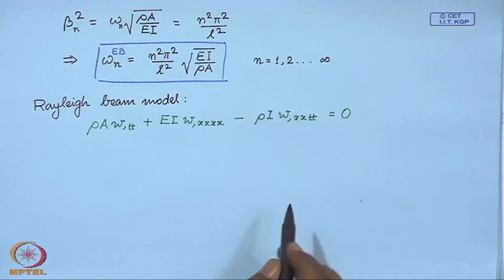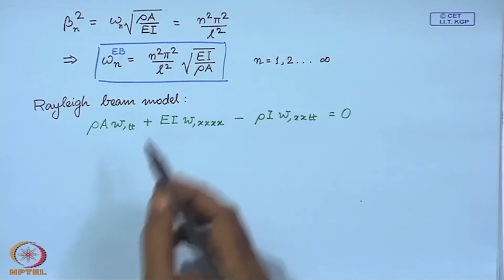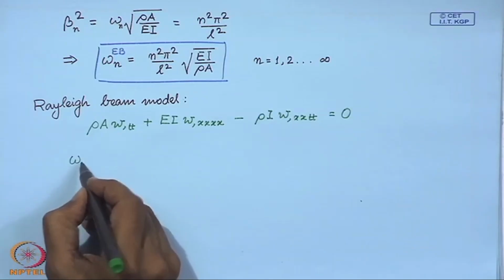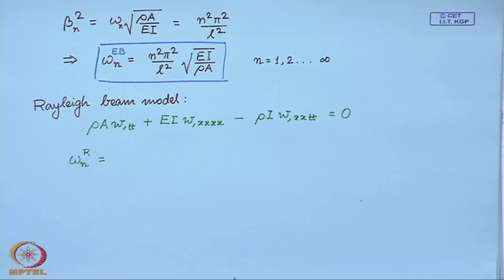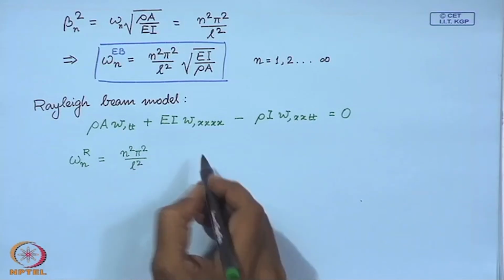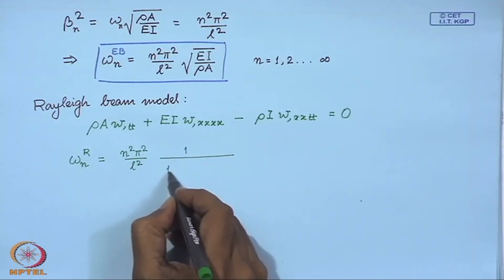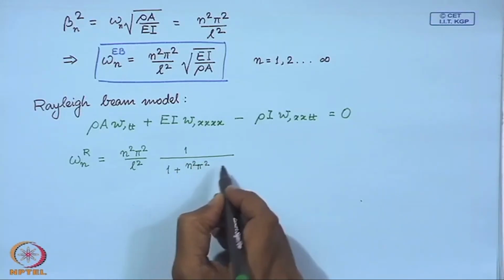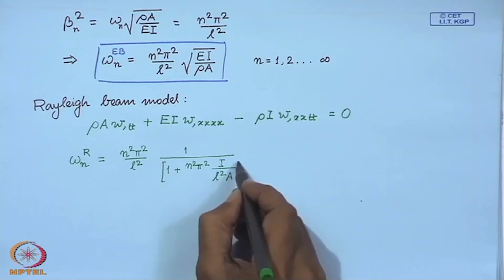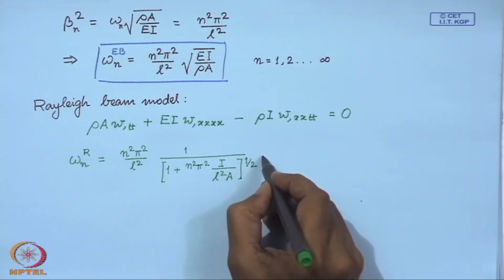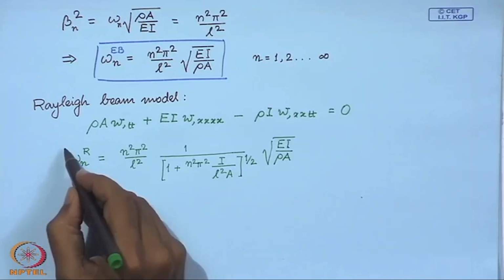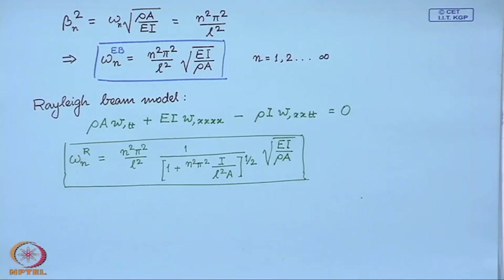So, this is the rotary inertia term, and if you follow the steps similar to what we have just now done, then you will get the circular natural frequencies of the Rayleigh beam as, so this is for the Rayleigh beam.